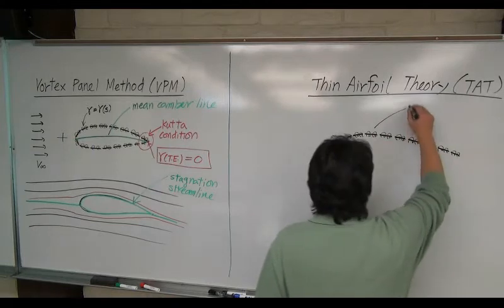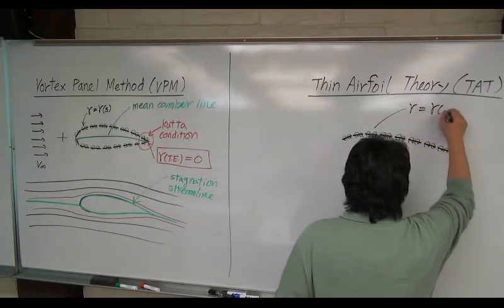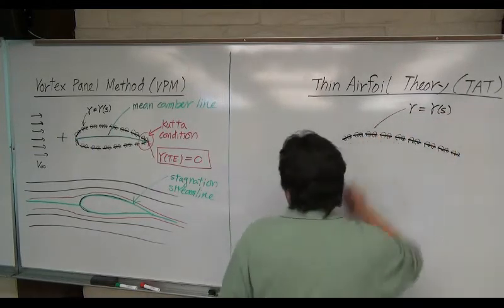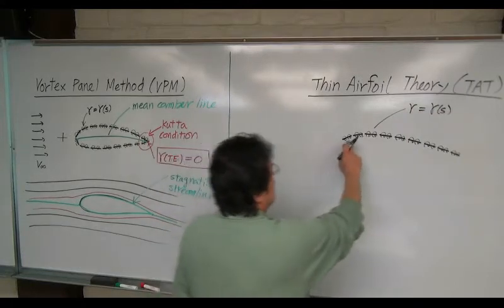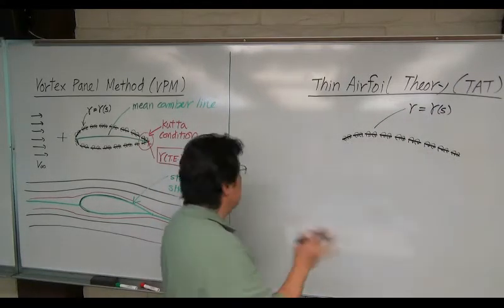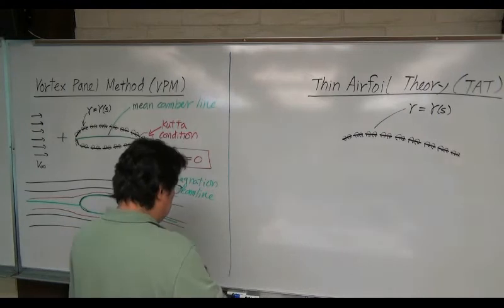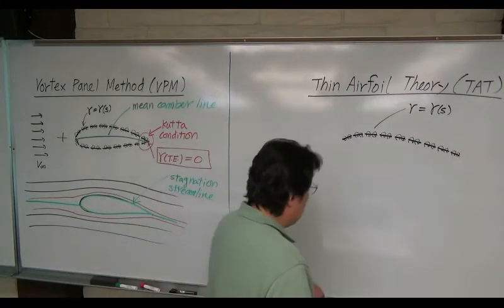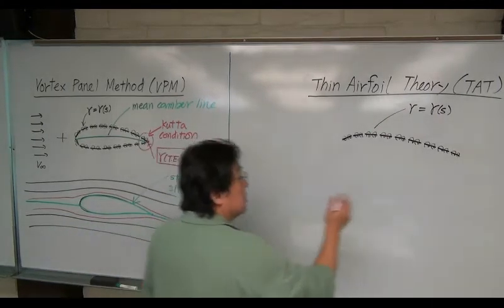So again, circulation per panel is represented. You're going to use the vortex panels to represent the mean camber line. Can we still apply the Kutta condition? Yes, we can.